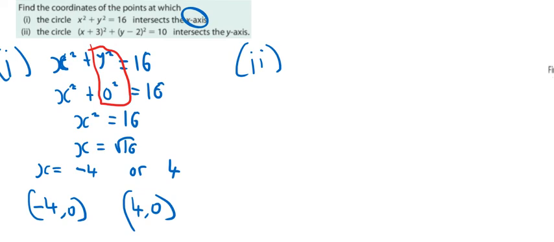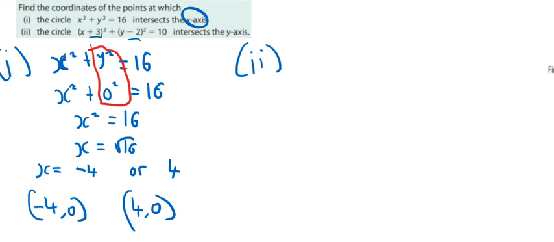So we're trying to find where that circle intersects the y-axis. Because we have a plus 3 and a minus 2 there, the center of that circle is -3, 2, and the square root of 10 is the radius. We should know that from before, but we don't even really need to know that to do this question.